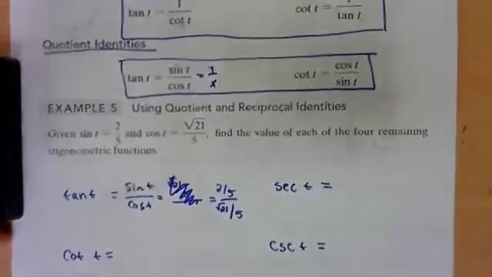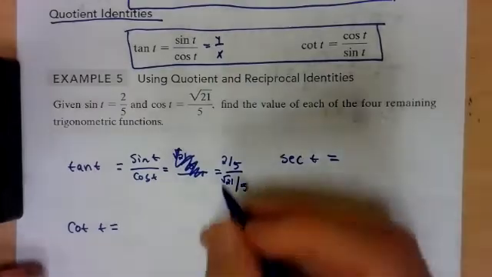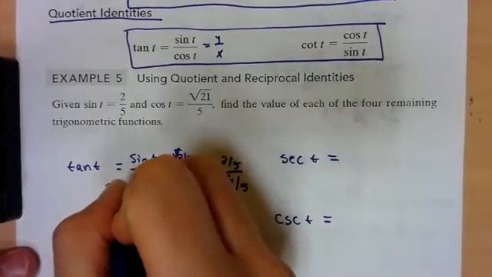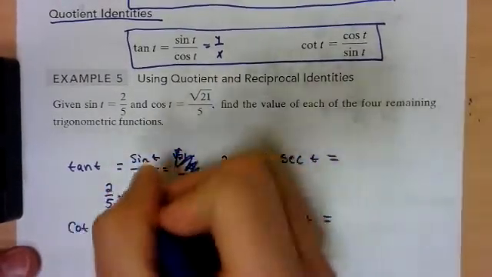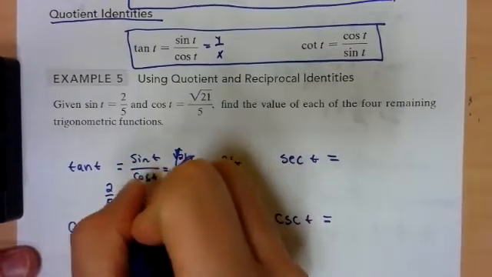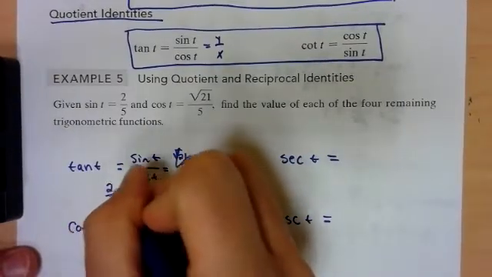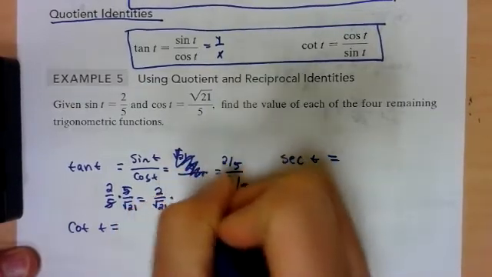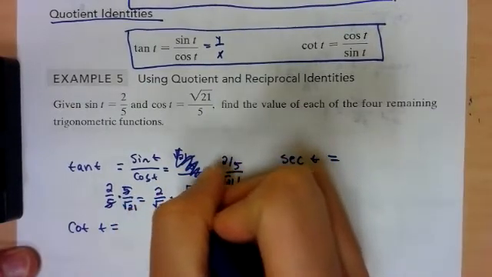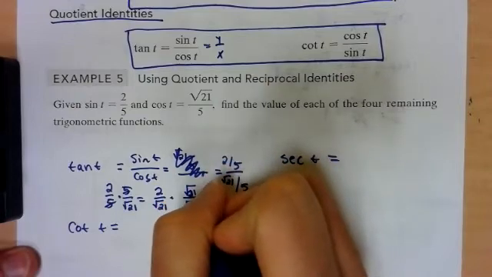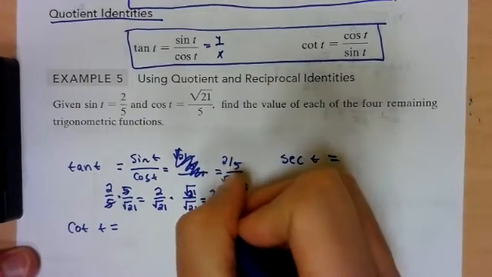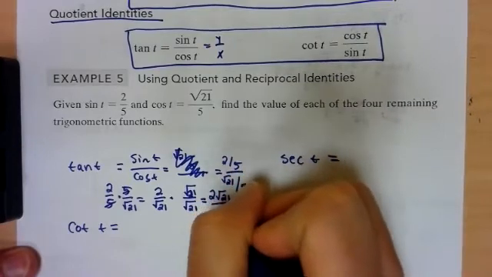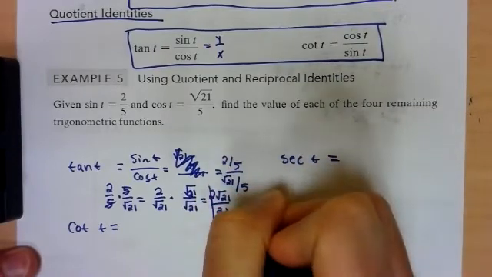Just like all the ones we were doing yesterday, we're now going to have to copy the top, 2/5, and multiply by the reciprocal, which is 5 over root 21. The 5's divide out, making this 2 over root 21. We do not want a square root in our denominator, so we're going to multiply by root 21 over root 21, which is 2 root 21 over 21.